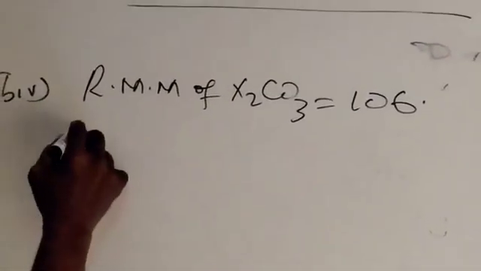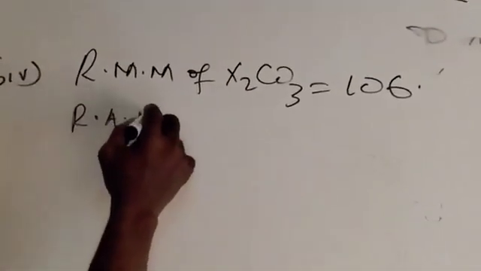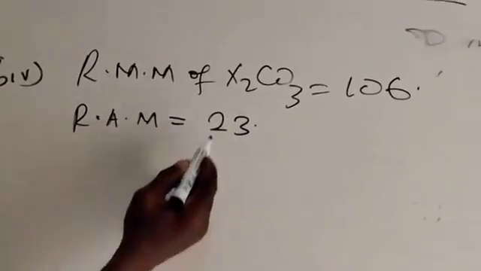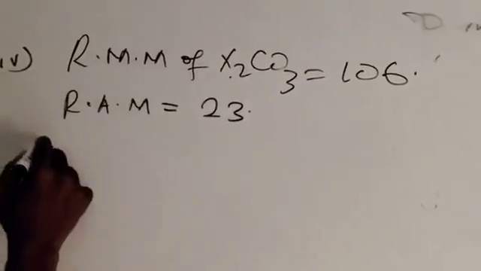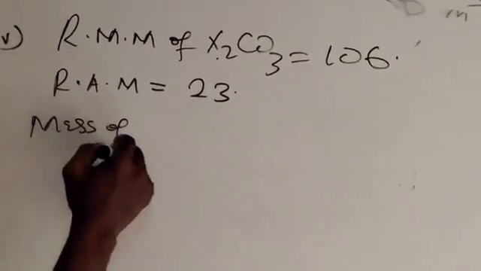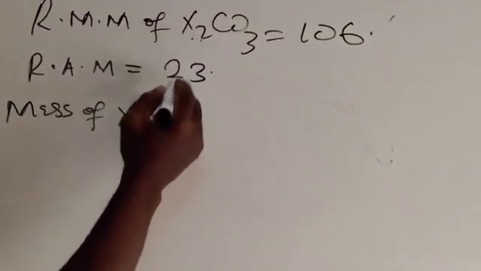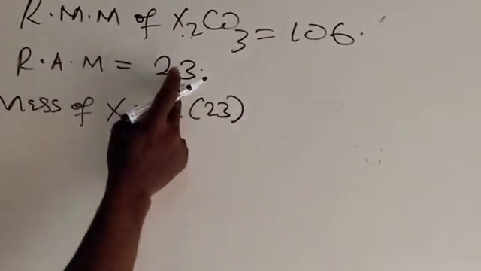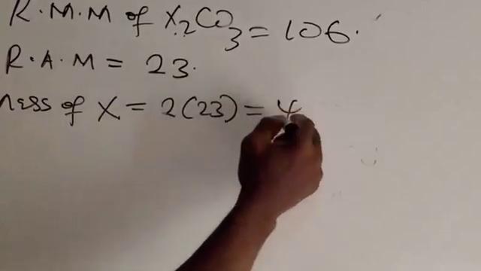Then the relative atomic mass of S, which we got in question III, is 23. So we have to find the mass of S inside this compound. Since there are 2 atoms of S, the mass of S becomes 2 times 23, that gives us 46.